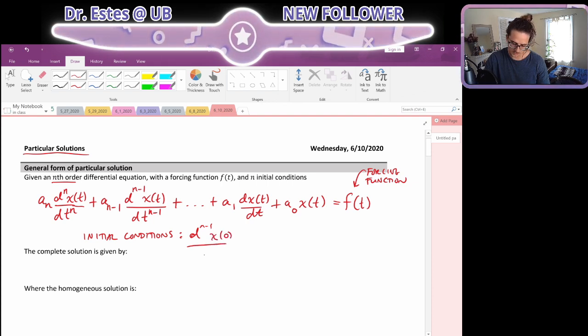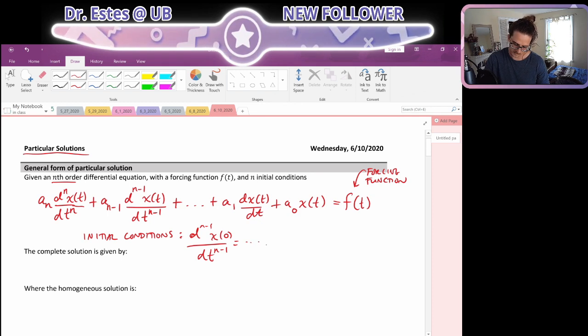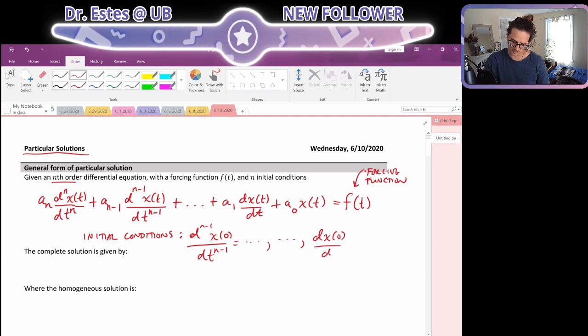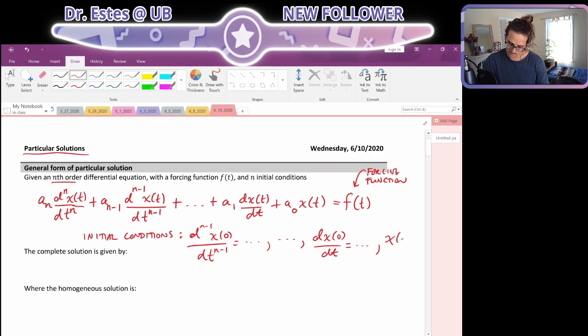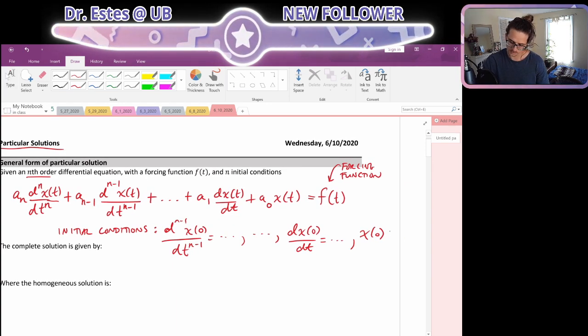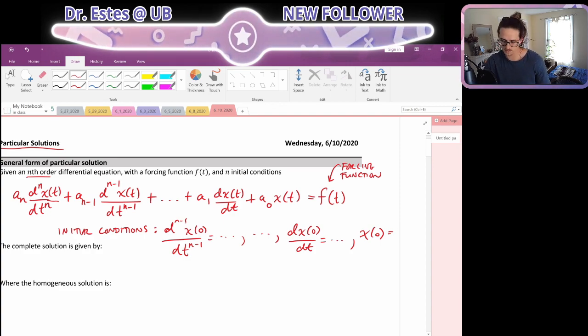Like the n minus 1th derivative at time equals 0 equals something, all the way down to the first derivative at time equals 0 will equal something, all the way down to the 0th order derivative itself would equal something.